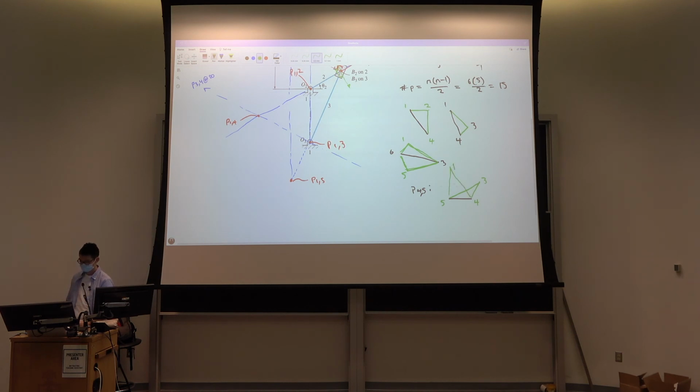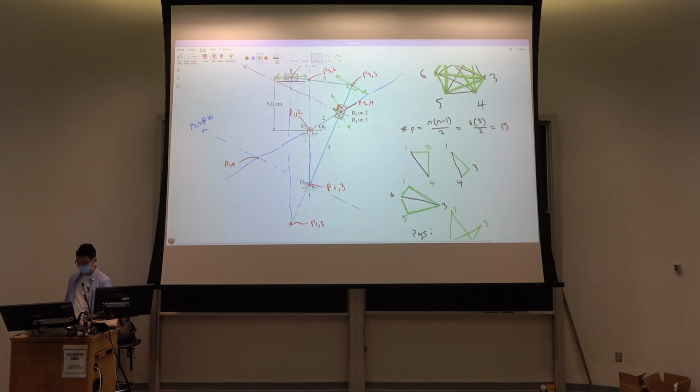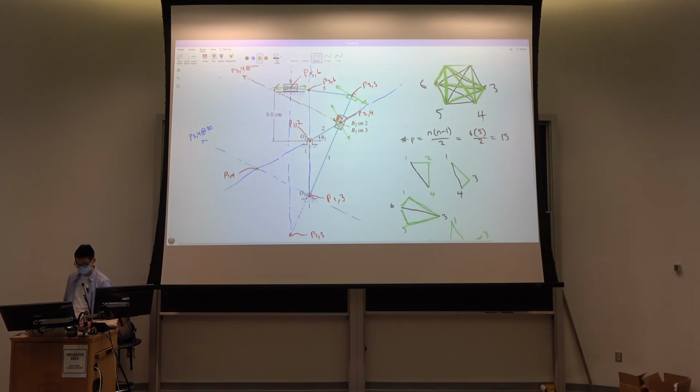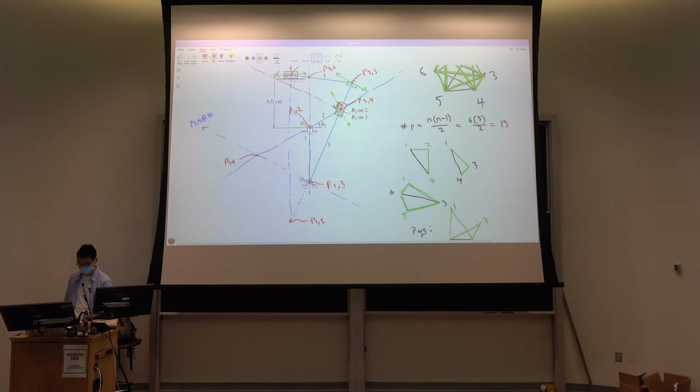So these two triangles, 3, 4, 5 and 1, 4, 5, we can use to find P45. So let's look at 1, 4, 5 first. So P14 and 1, 5. 1, 4 is located at this point. We found that one. And P15 is down here.